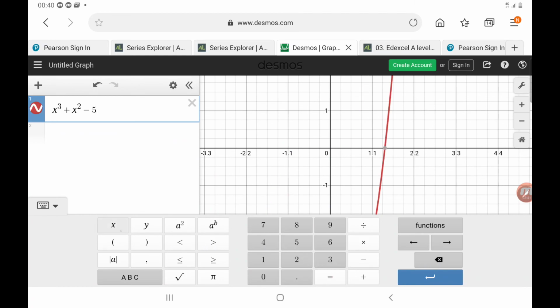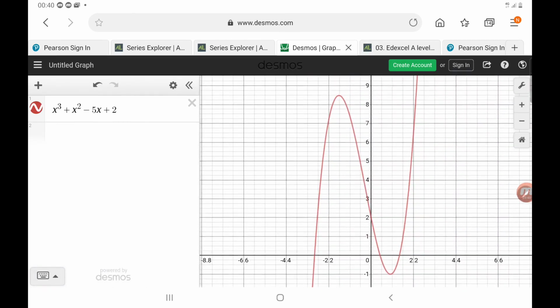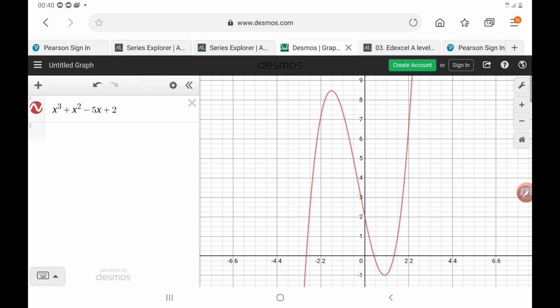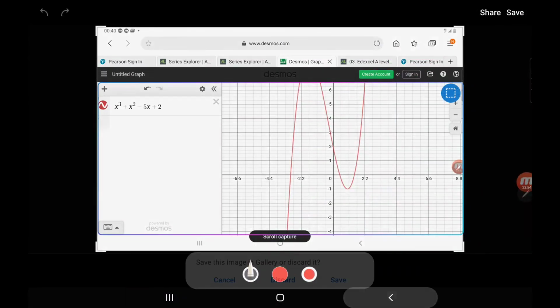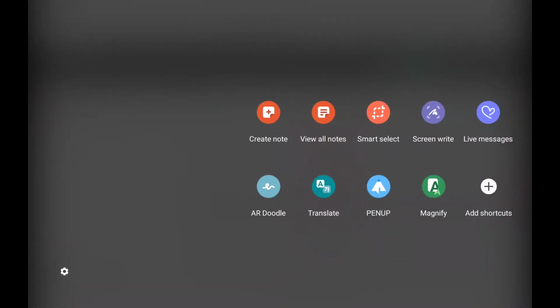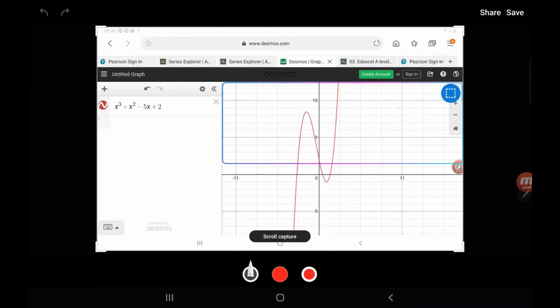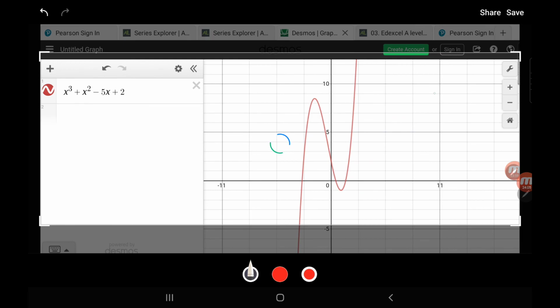Minus 5x plus 2. This is the graph of it. After you finish, you can take a screenshot and save it.